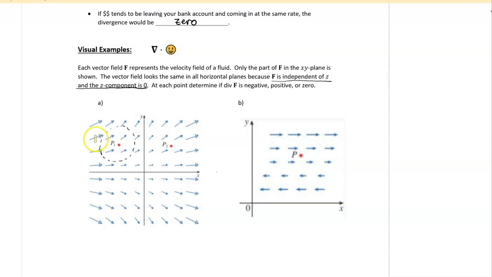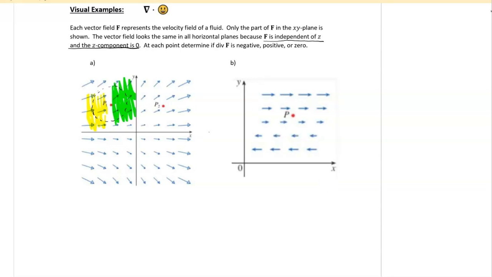When you compare some of these vectors to some of these vectors, what can we see? I am seeing that those vectors flowing in look longer than those flowing out. So to me, it looks like there is at point 1 more flow in than out.